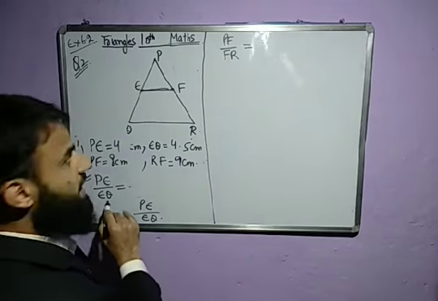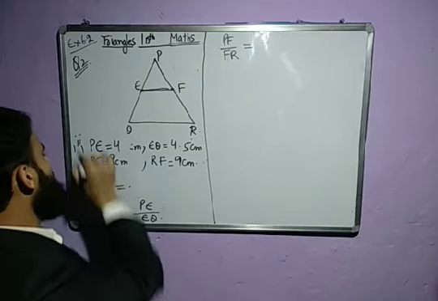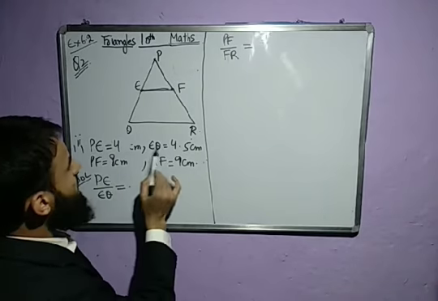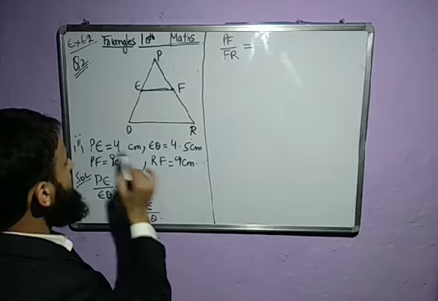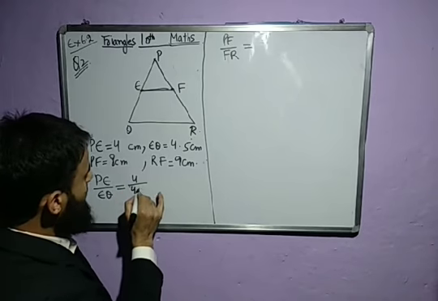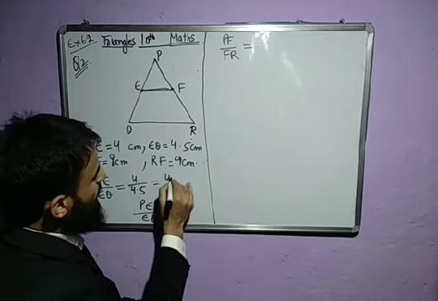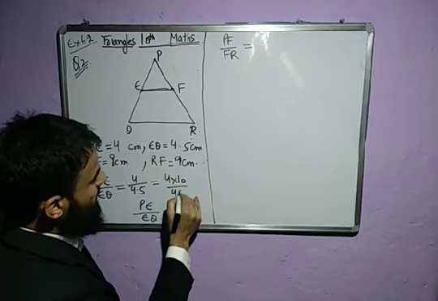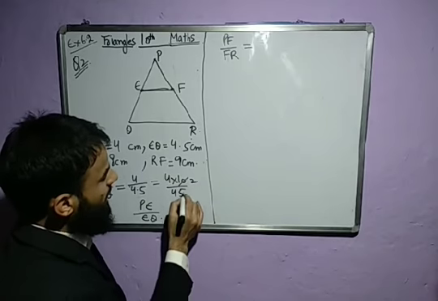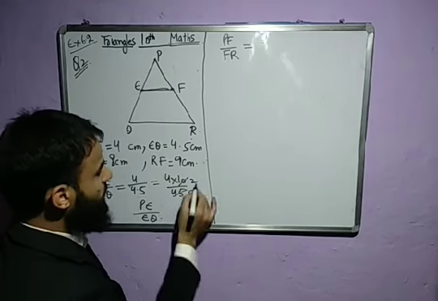So let's check with the same method. The method is the same. So let's check PE by EQ. PE by EQ is 4 divided by 4.5. It can be written as 4 into 10 divided by 45. So 5 2s are 10, 5 9s are 45. So it is 4 2s are 8 divided by 9.